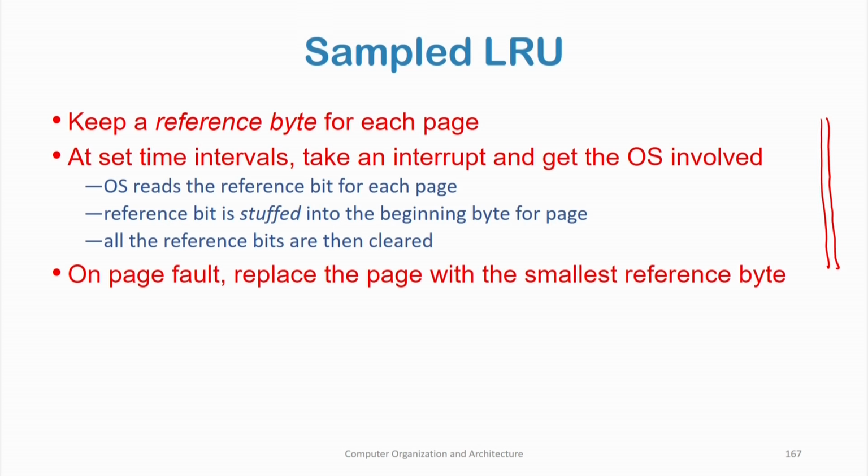Now, in addition to the reference bit, I have a reference byte for each page. So, the first byte of a page will be used as a reference byte for the page.